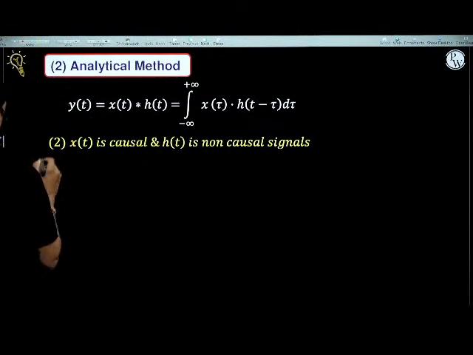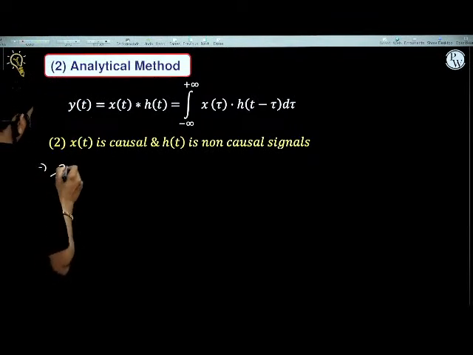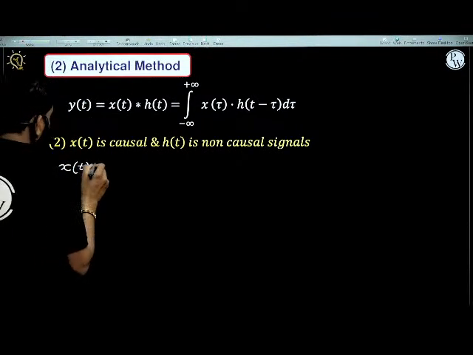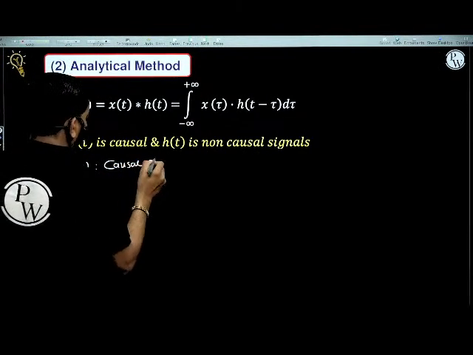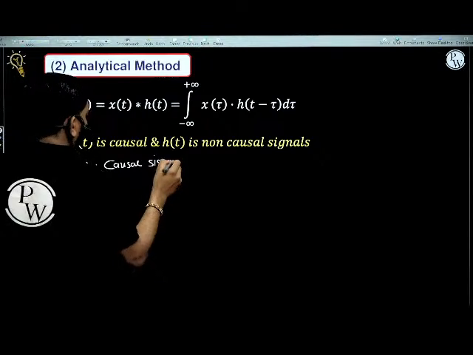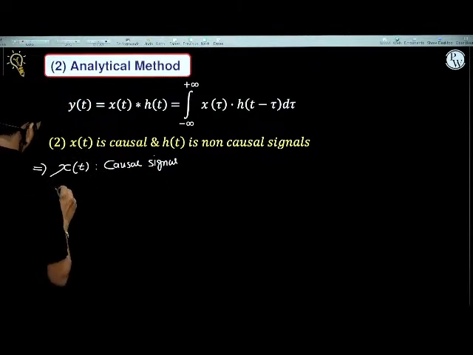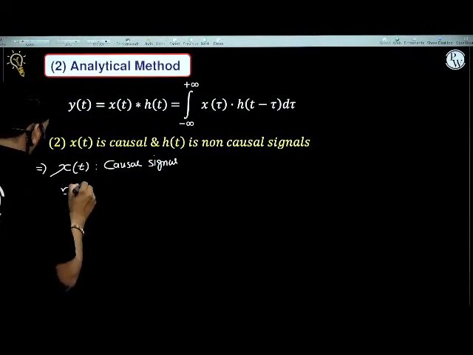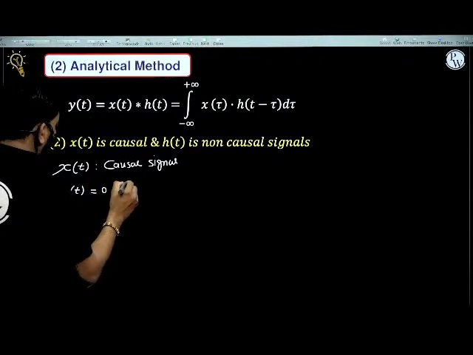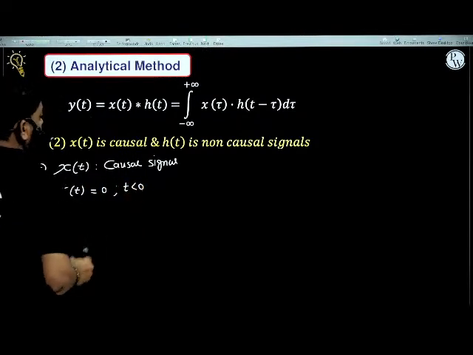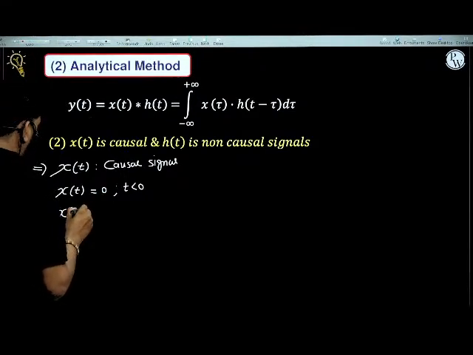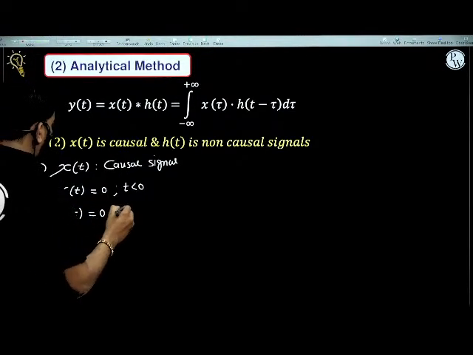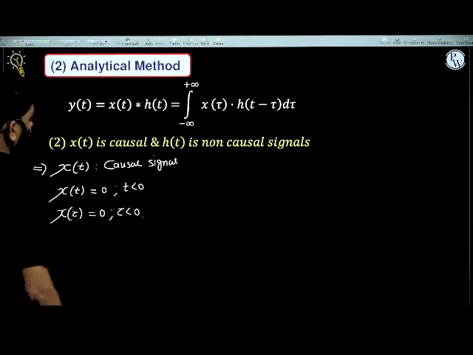Here we know that if x of t is a causal signal, then for each and every causal signal its value is 0 for t less than 0. Now in our formula x of tau is there, so we replace t with tau. So x of tau is 0 for tau less than 0.